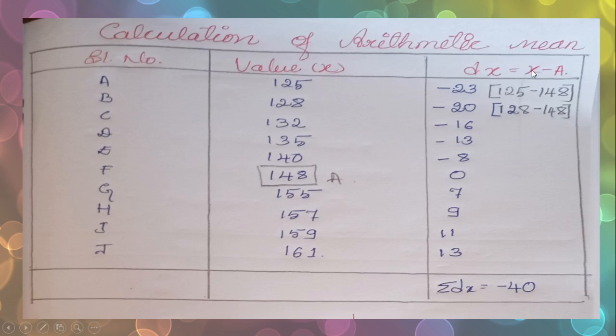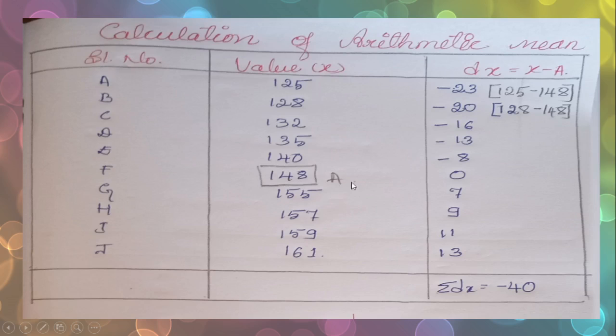The formula is x minus a. In the given set of values, we can consider any number as assumed mean. Usually we consider the middle number as assumed mean. Here in this series from 125 to 161, I have considered 148 as my assumed mean.